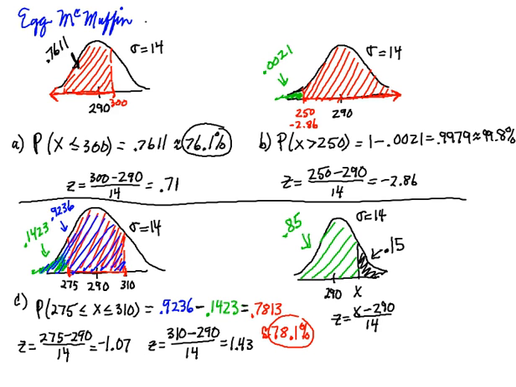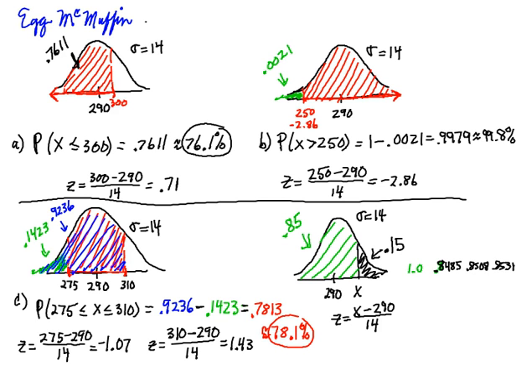So in row 1.0, there is a 0.8485, and then there is a 0.8508, and then there is a 0.8531.